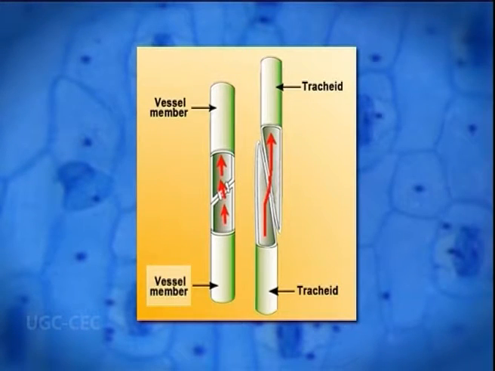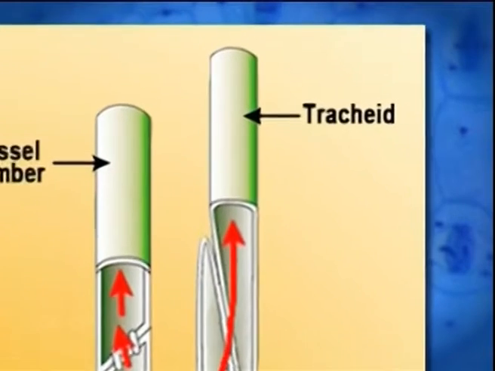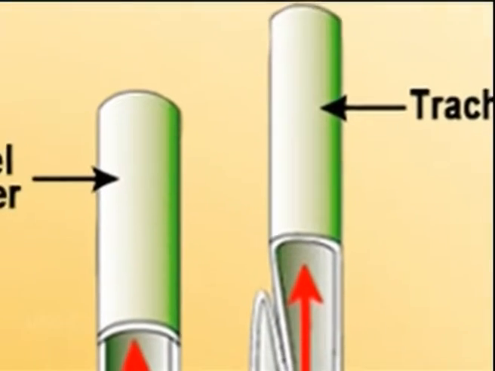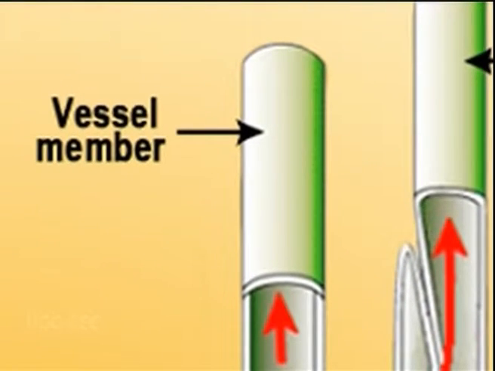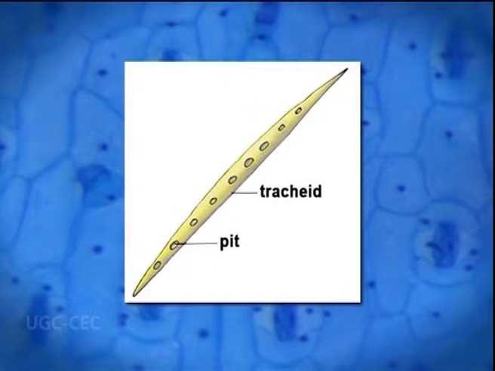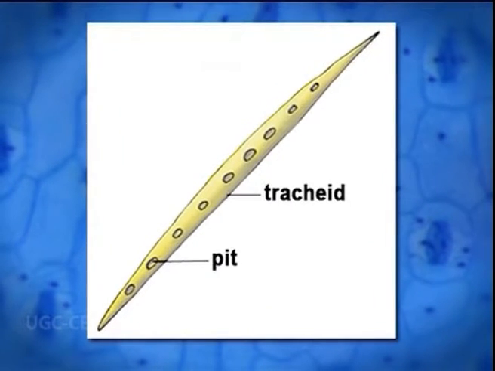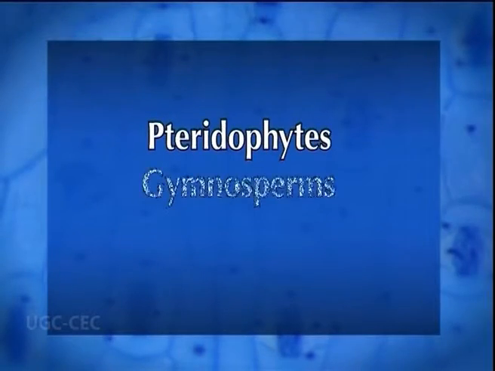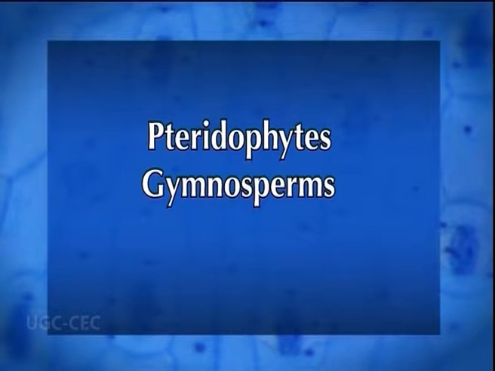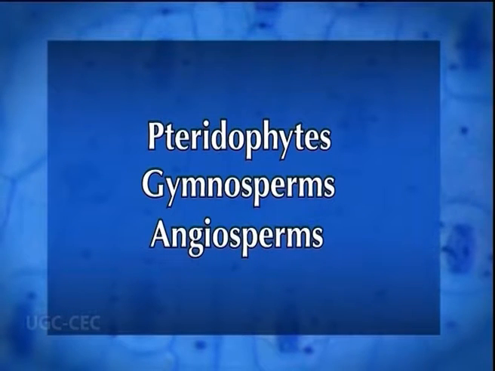Tracheary elements. Two fundamental types of tracheary elements occurring in the xylem are tracheids and vessel members, or so-called vessel elements. The tracheid is the fundamental cell type in the xylem. Tracheids are the only xylem elements in pteridophytes, gymnosperms, and some primitive angiosperms.